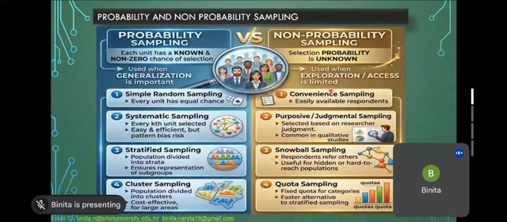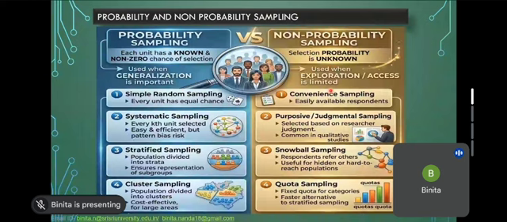Then we have quota sampling. What is quota sampling? Let's say I have to collect 1,000 responses from the state of Odisha. I will fix a quota that out of 1,000 responses, 600 responses will belong to the female category and 400 will belong to the male category.